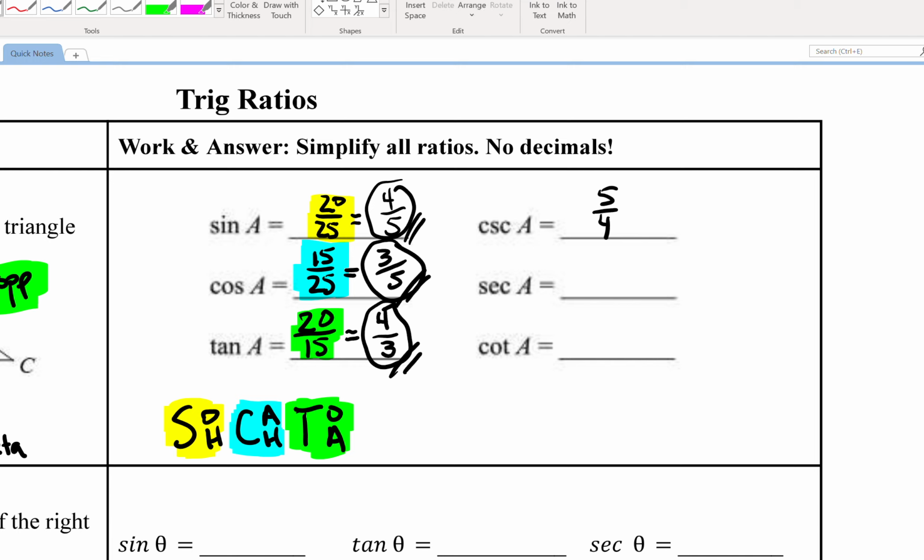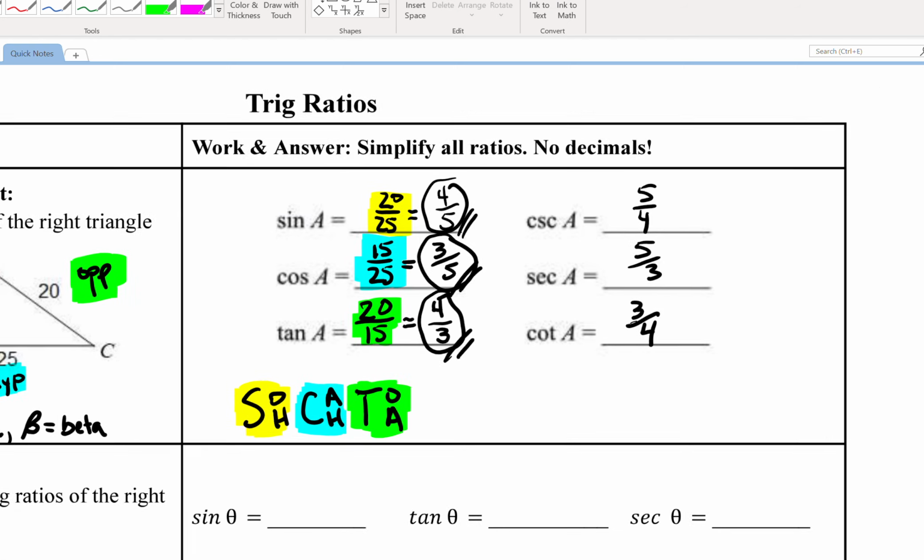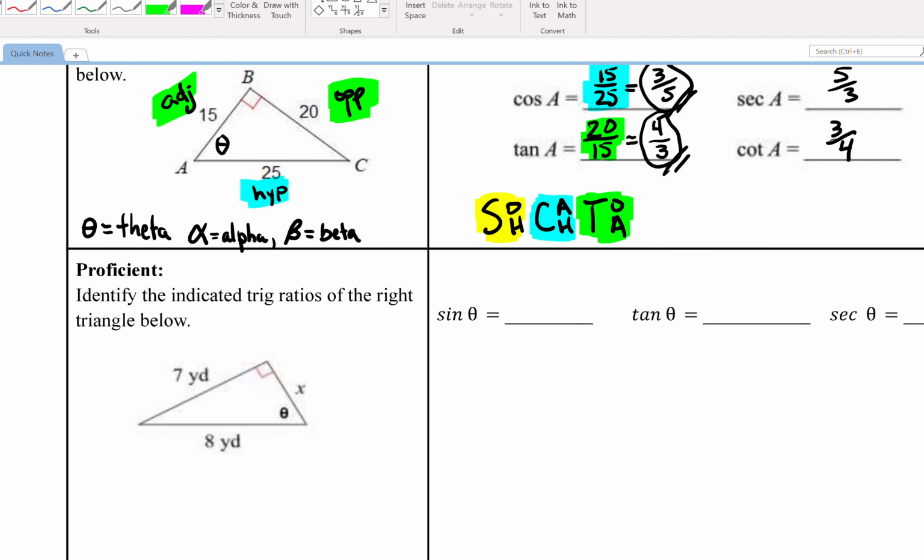So the secant of A, since the cosine is 3/5, the secant of A is 5/3. And the cotangent of A, again, the reciprocal of tangent, since the tangent is 4/3, the cotangent would be, you guessed it, 3/4. And that's how you would do this first one.